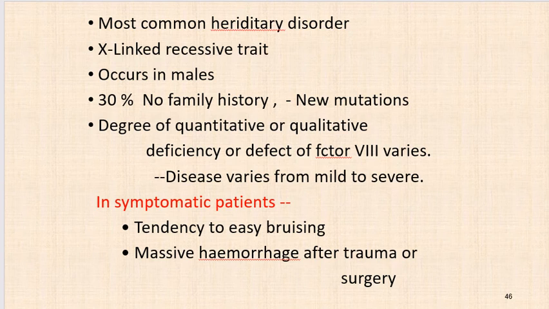In symptomatic patients, that is, in patients in which the deficiency of factor 8 level is such that symptoms are produced, there is tendency to easy bruising, and there is massive hemorrhage after trauma or surgery. As for example, after circumcision of the child, there is excessive prolonged bleeding, and it is difficult to stop bleeding from the site of surgery.